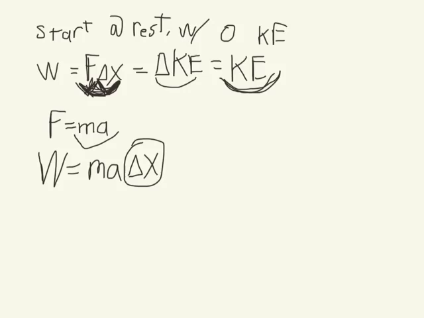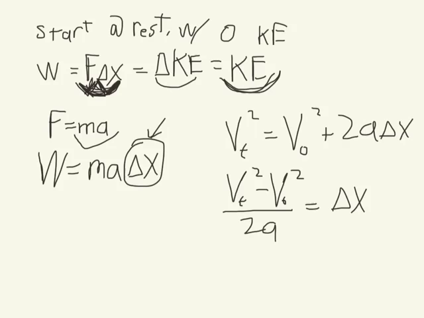Since we would like to be able to describe something's kinetic energy in terms of its current velocity, let's use one of the equations with velocity as a variable in it. And what we're going to have to do is solve this equation for delta x, so we have a definition to insert for delta x here.